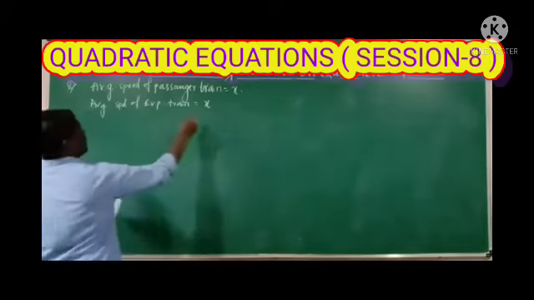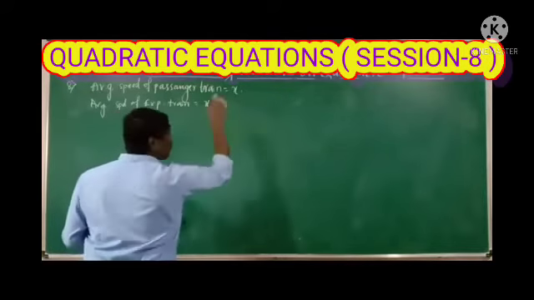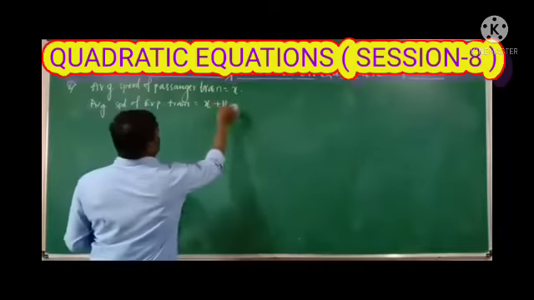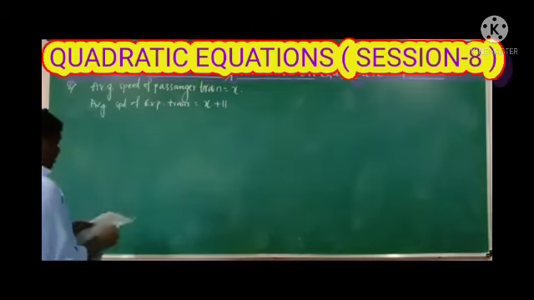So its speed is x plus 11. More means we take it as a plus, less means we take it as a minus. So x plus 11 kilometer per hour.